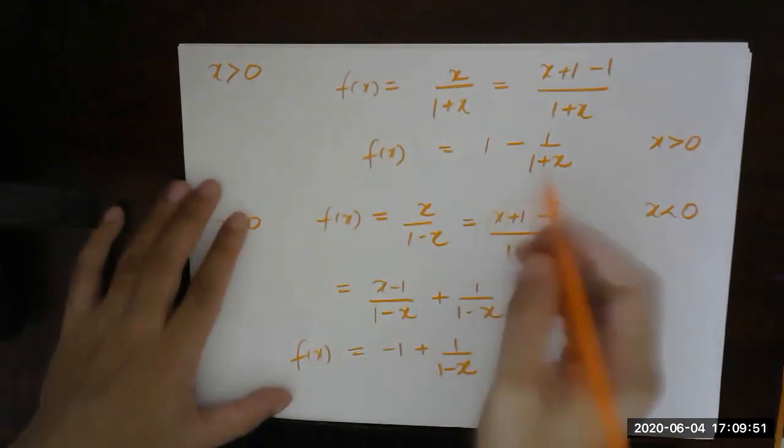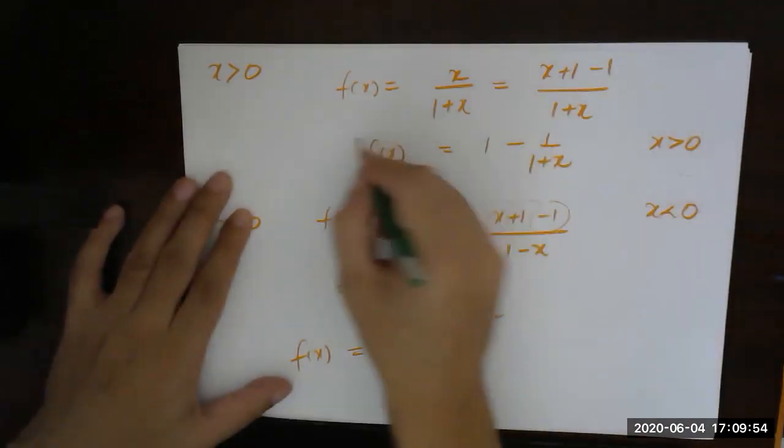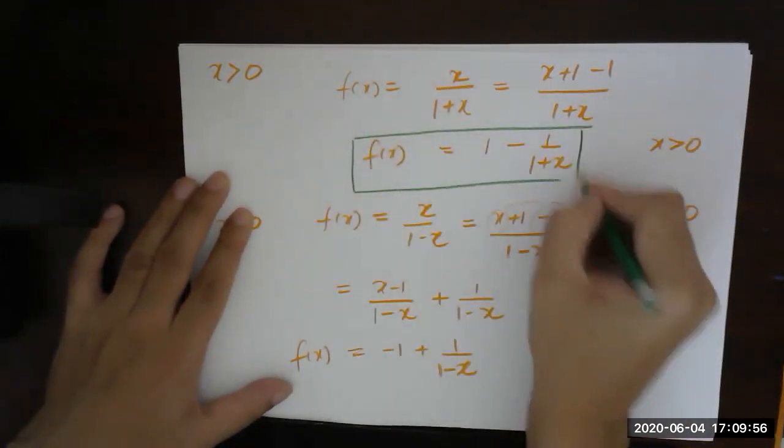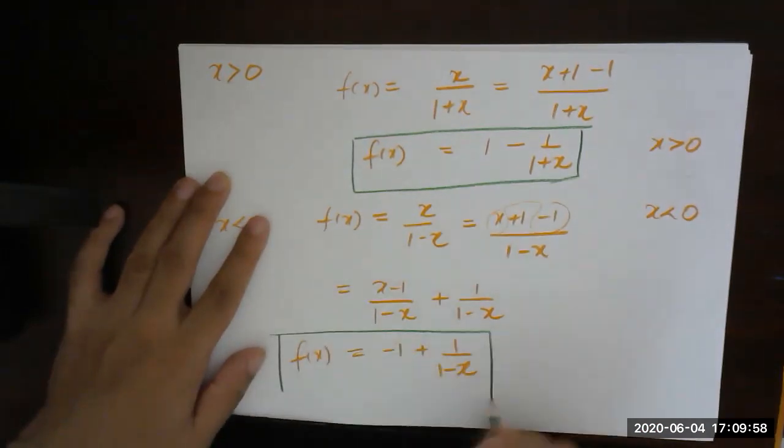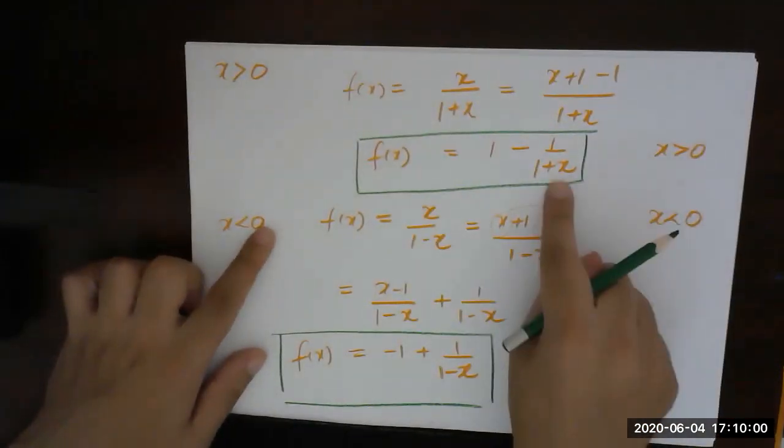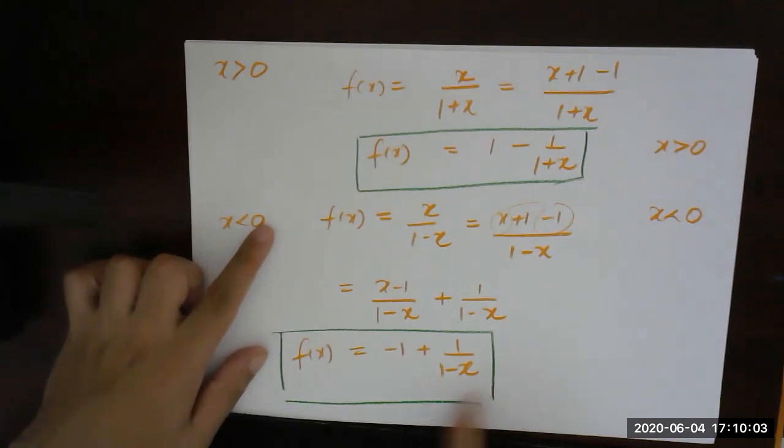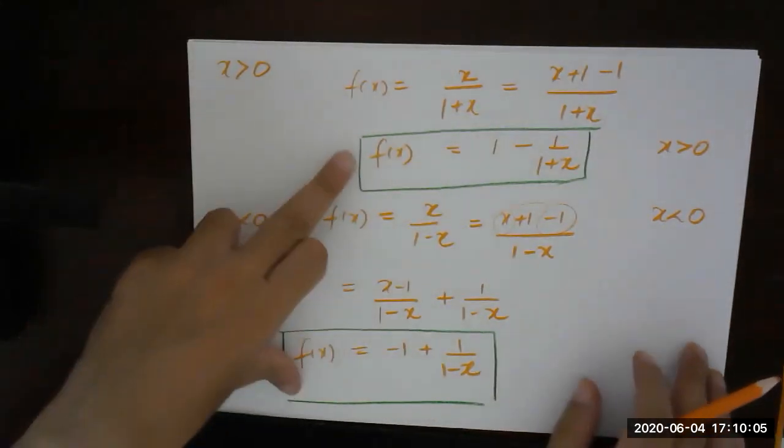So basically I have converted the whole function into this form. This is for x greater than 0 and this is for x less than 0, right? Now I will write this once again.